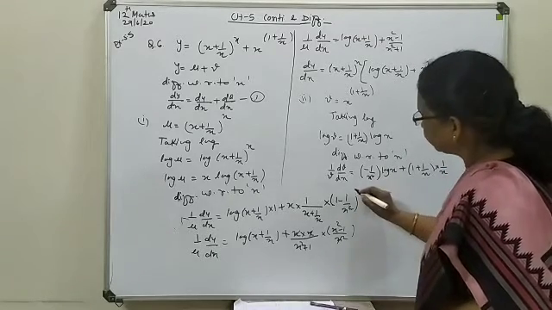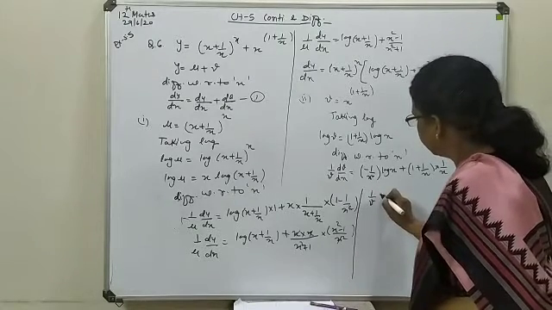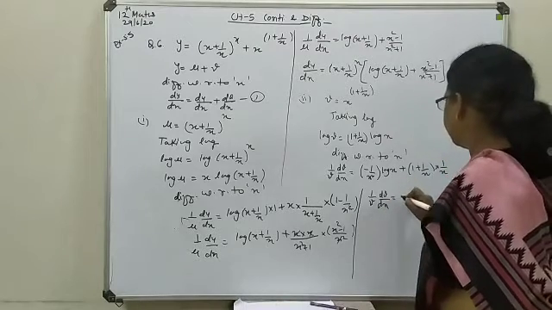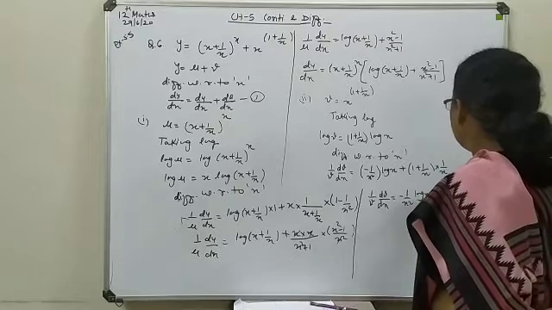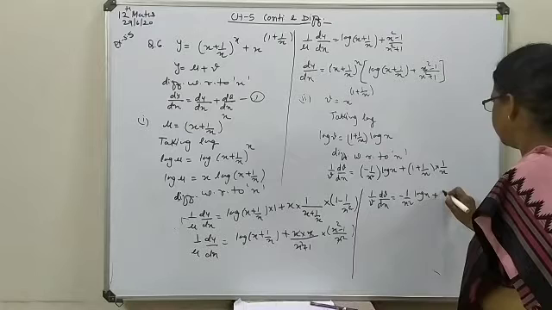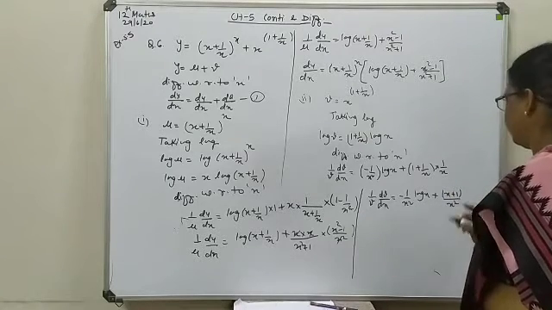Now here, 1 upon v dv by dx. This is your minus 1 upon x square log of x. Here you can go for taking LCM. So this x and x will multiply. So this will give you (x plus 1) upon x square.